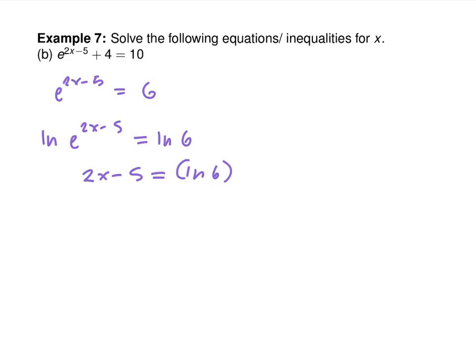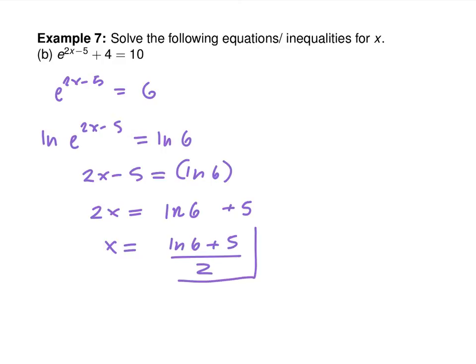And now how would you continue getting x alone? Add 5. And can that 5 and that ln 6 combine? Nope, because 6 must be ln before 5 is added. On quizzes, you'll be asked to give exact answers, not approximations.